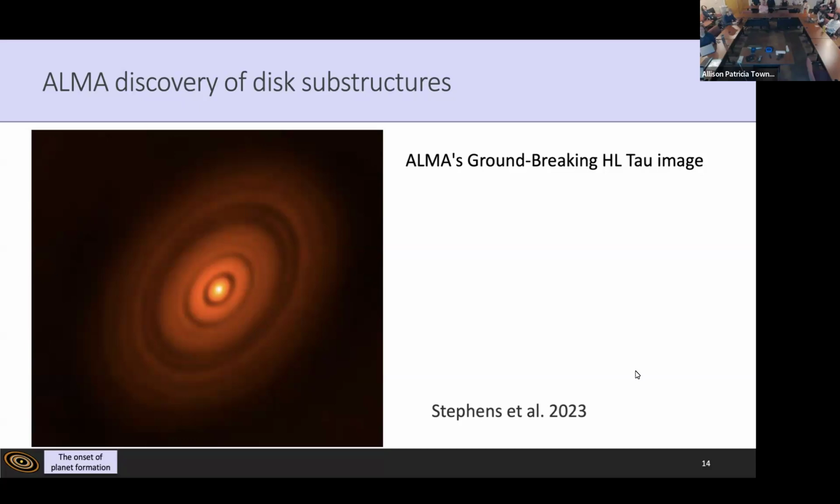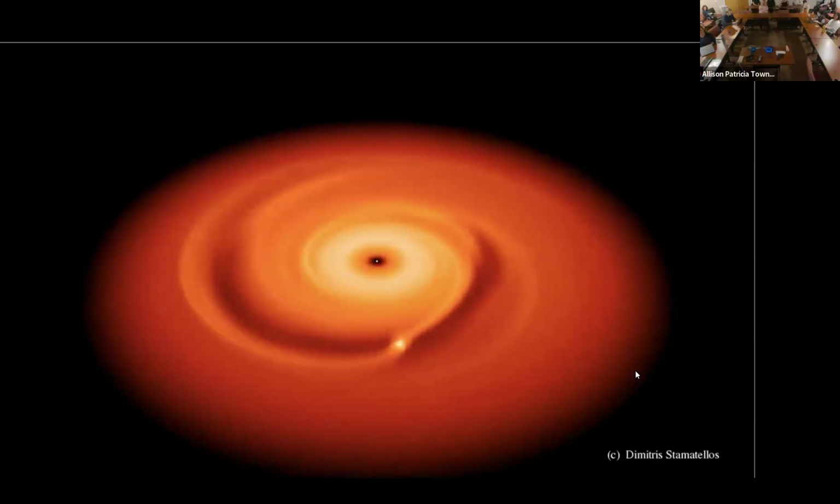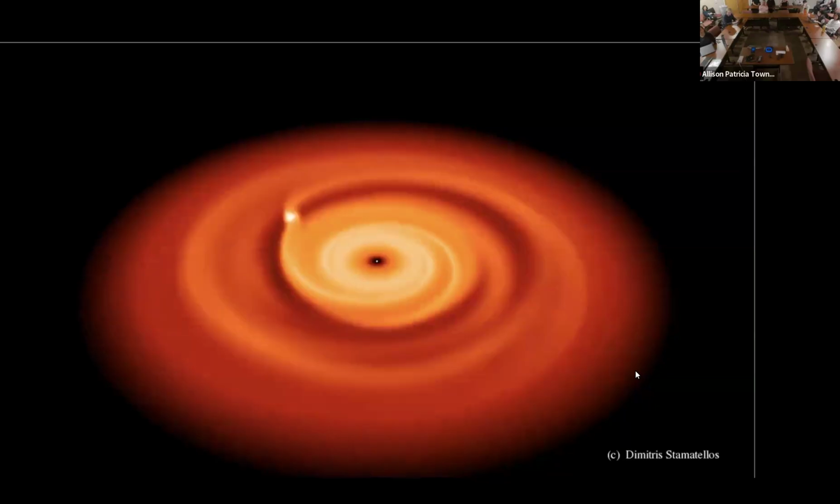You can see the very beautiful disk with a lot of substructures. These substructures are the ideal place for protoplanets because they correspond to pressure maxima and have concentrated dust grains. In addition, these substructures could also be created by protoplanets, so they are possible hints for hidden protoplanets.